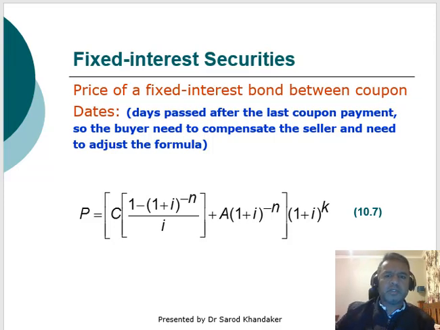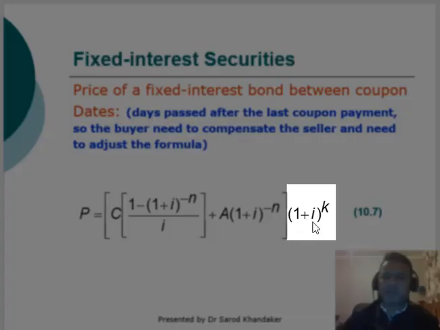Now this slide is showing the formula of a fixed interest security, but if you look into the formula, it has one additional part, and the additional part is 1 plus interest rate power k. Now if you look at the previous formula for calculating the bond price, as you know the bond price includes two things.